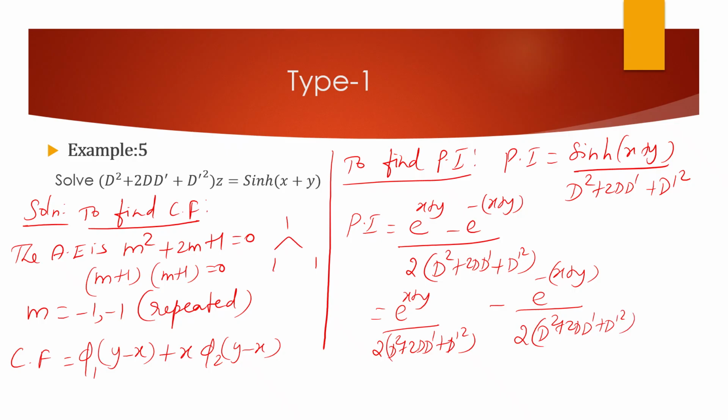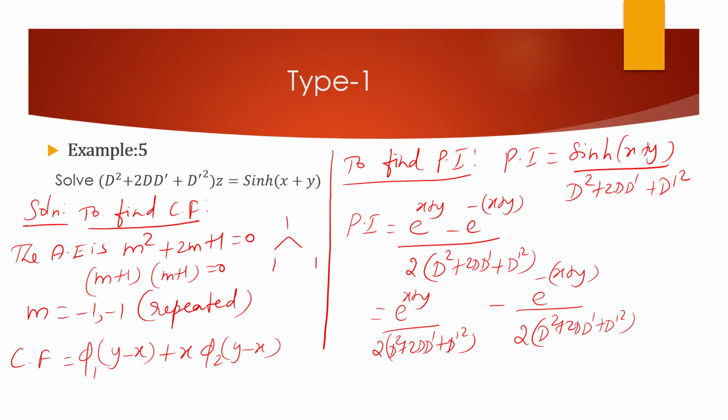Here in the first term our a and b both are 1, but in the second term our a and b both are minus 1. So in the first term we replace d by 1 and d dash by 1. Similarly in the second term we replace d by minus 1 and d dash by minus 1.